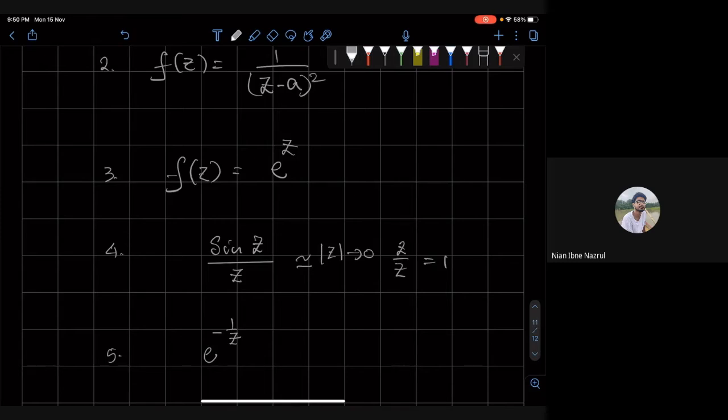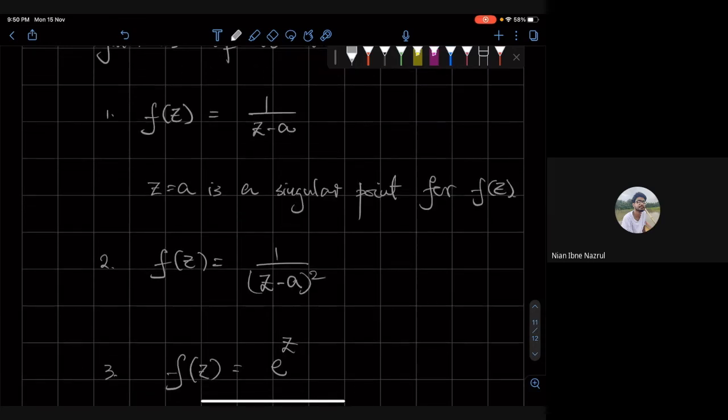Does it have a singularity at z equals 0? Right. And okay, so these are singularities.